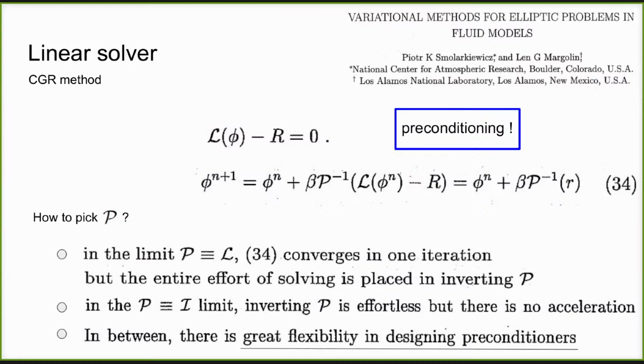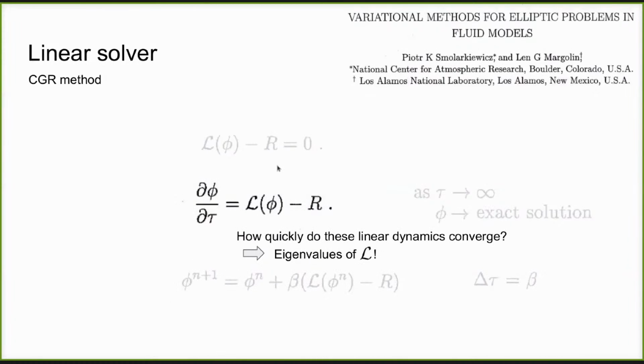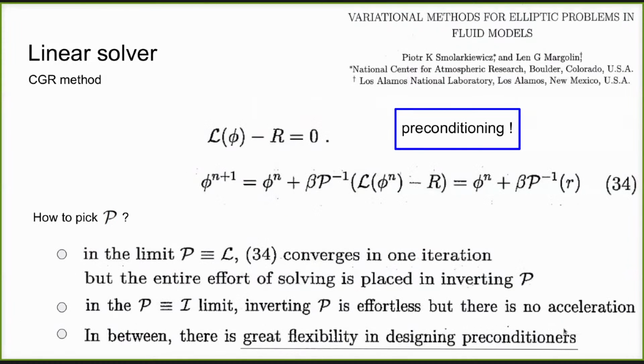The problem is you need to invert P, which in this case would be the linear operator, so you kind of already need the solution for your system of linear equations, because if you have L inverse, you can get the solution pretty quickly. At the other extreme, you don't use preconditioning, you set P to the identity, which implicitly you've already done here in this form, and then you get no acceleration.